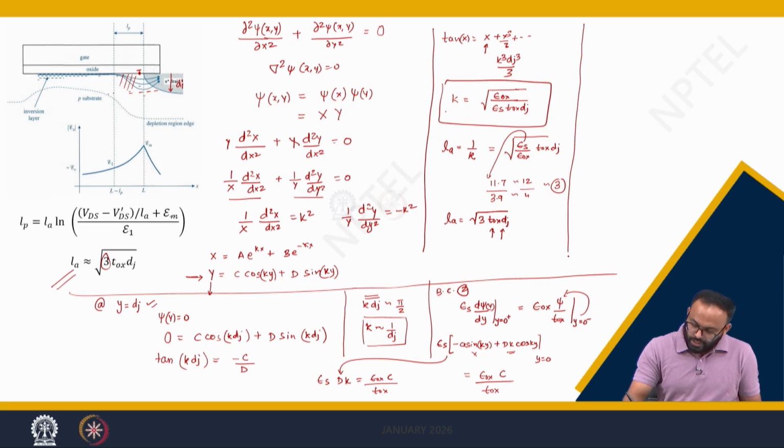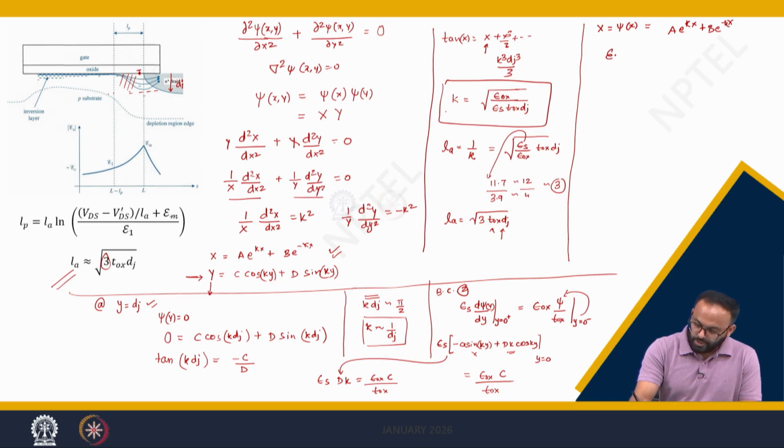Now, to move further, we need to solve some boundary condition in the x direction, because we have some factor of x also. So, psi of x is given as a e to the power of kx plus b e to the power of minus kx.